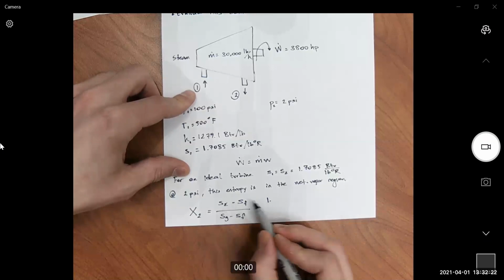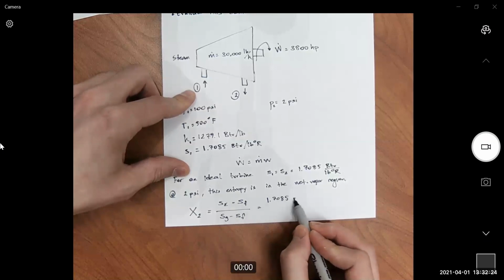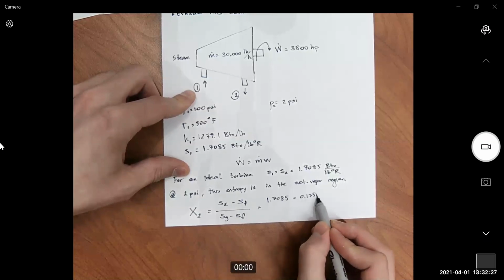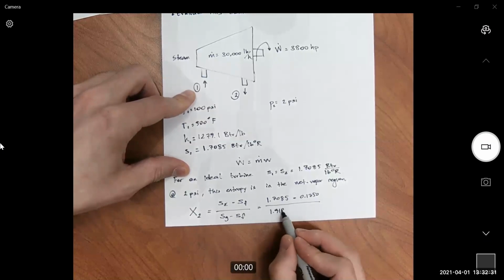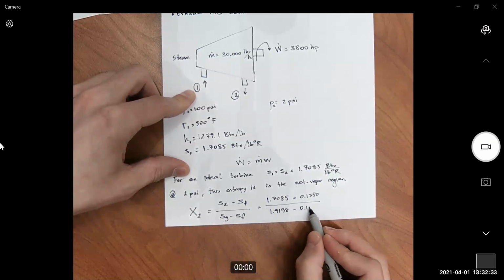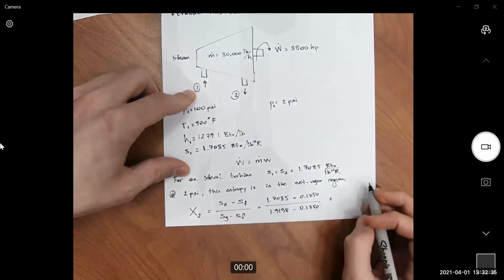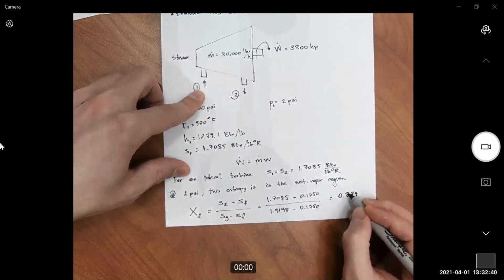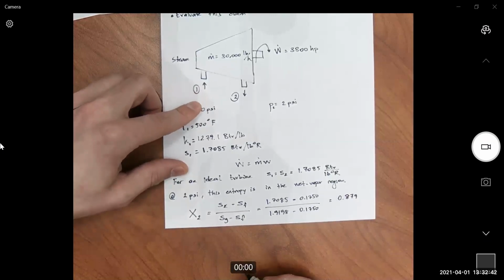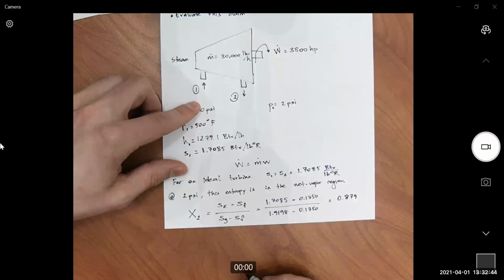Equals 1.7085 minus 0.1750 over 1.9198 minus 0.1750. Quality factor is 0.879. So 87.9% quality factor.